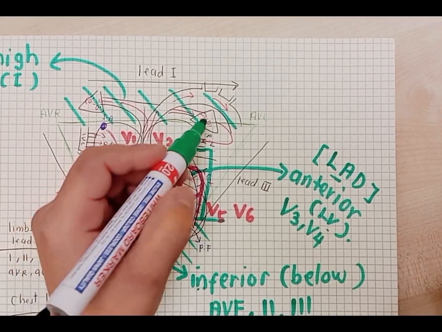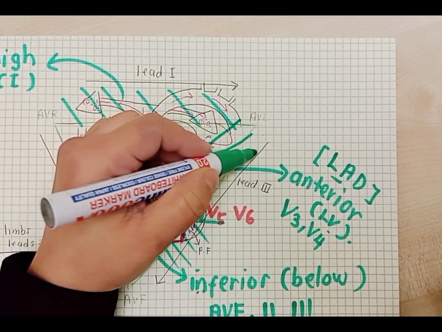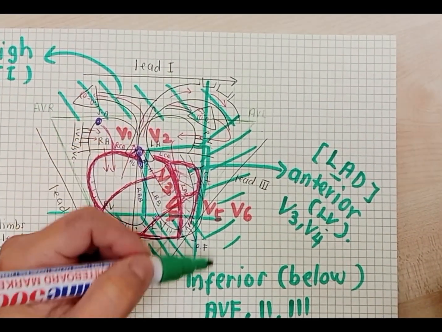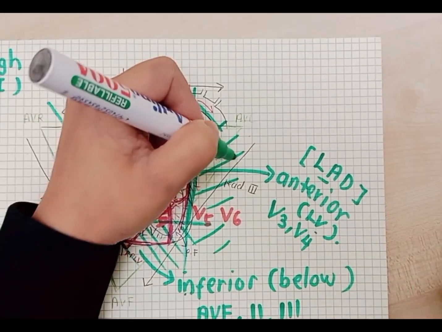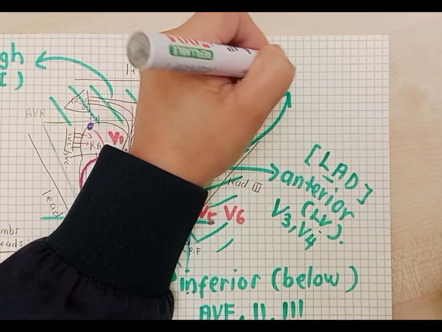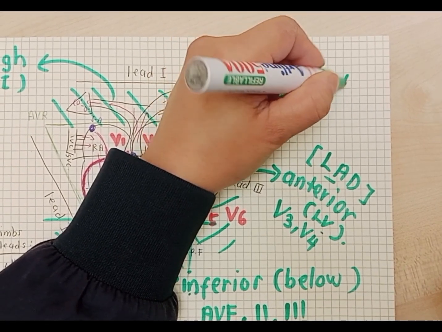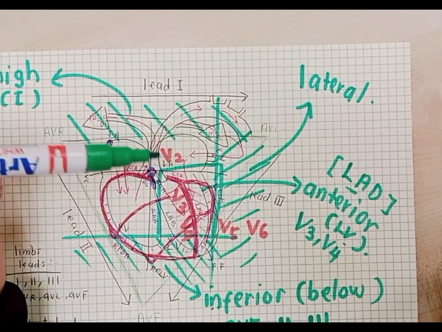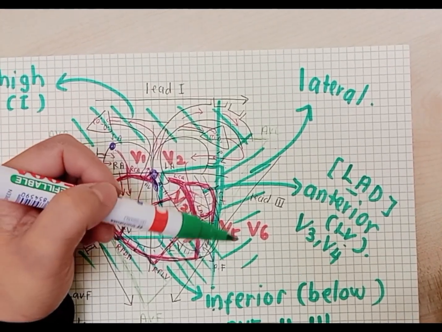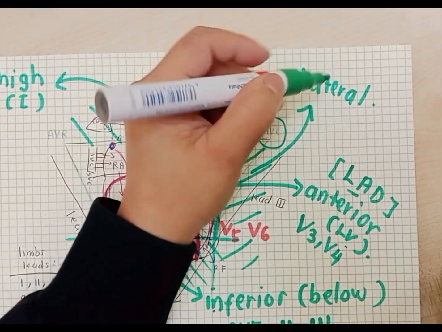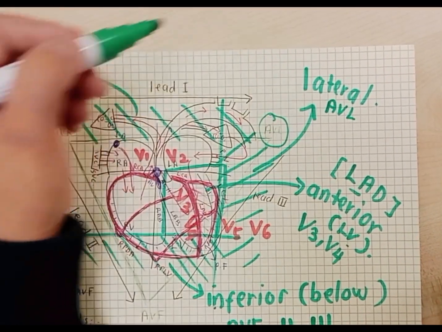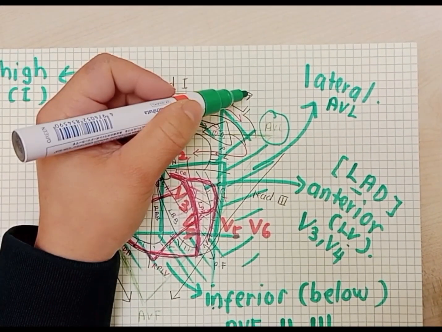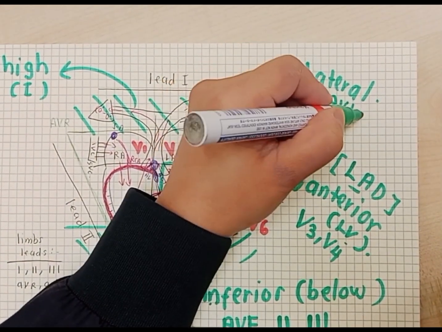So now this side is lateral. Which leads are in the lateral side? aVL is lateral. Lead 1 is the depolarization of the impulse to the lateral.